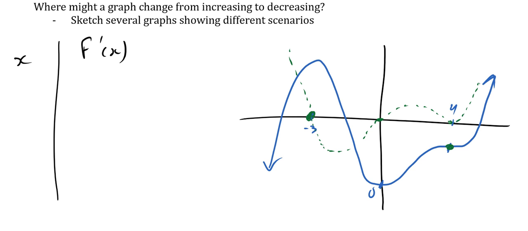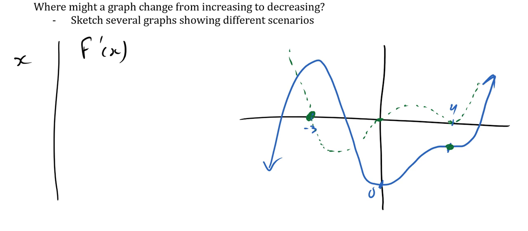And we could use technology to look at this a bit more carefully, but I think this is good enough for now. So what it's telling me is, if I have the derivative of a function, I can determine those critical points. We've already done that, where you might have a maximum or a minimum, a turning point.